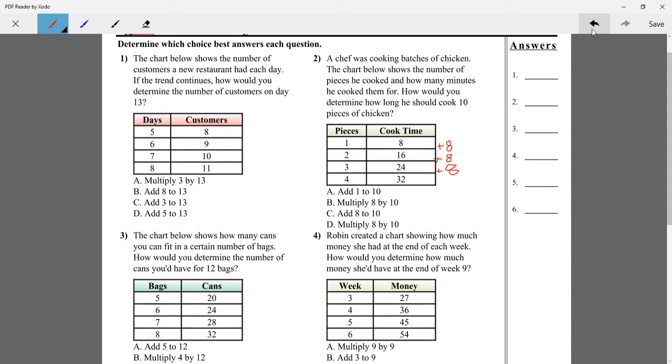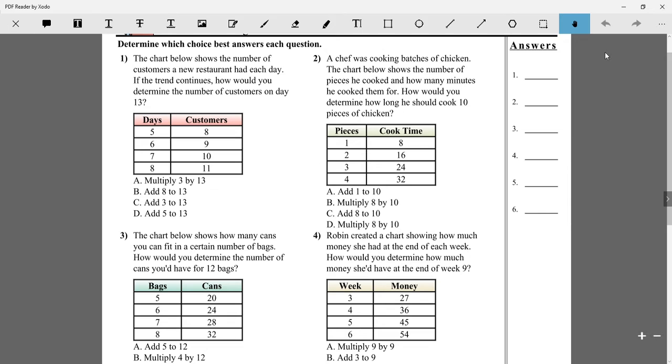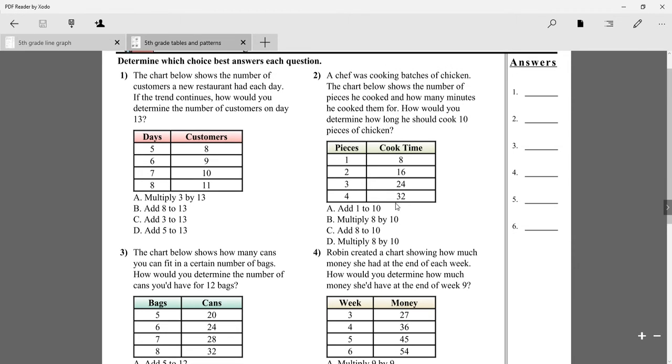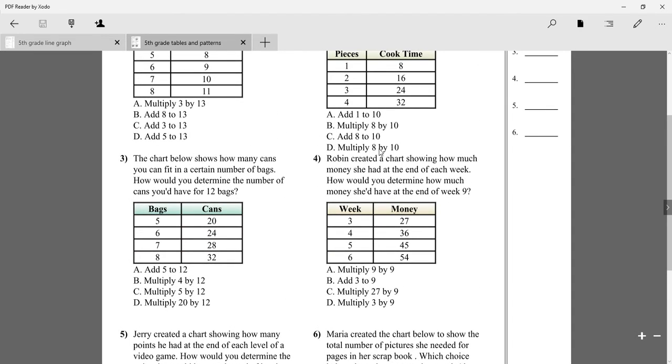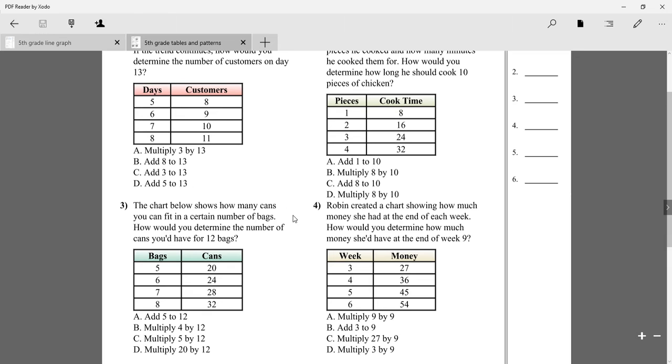Multiply 8 by 10. And also, I guess B and D are exactly the same answer, which is odd, but either one of those would work. So let's just go to 3.